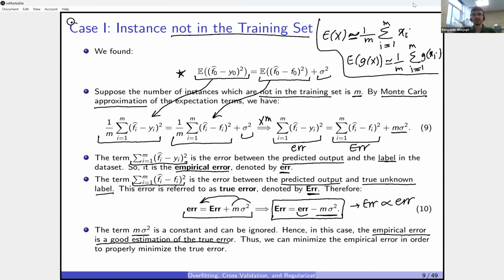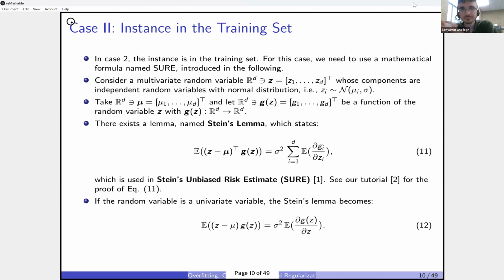Okay. Now case 2, when the instance is actually in the training set. In case 2, the data point is in the training set. So we use it in the training phase for training the model.